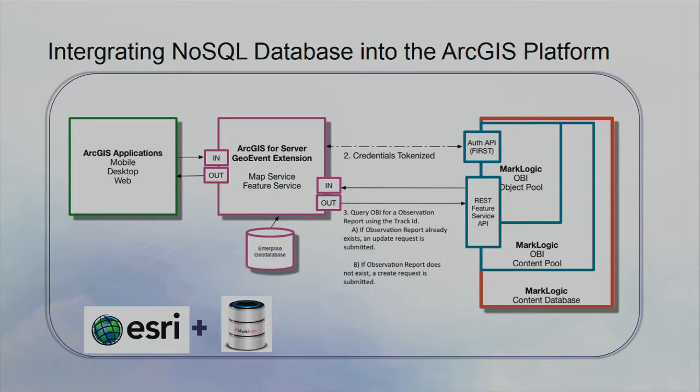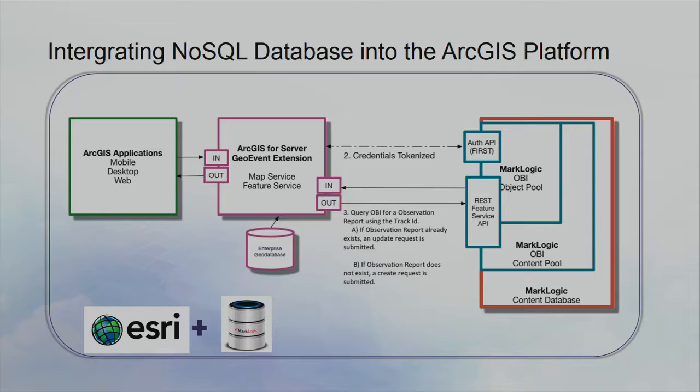We have an example prototype called OBI. What OBI does is allow people to have access to the MarkLogic database on the web. We utilize OBI by allowing them to use our feature service and JavaScript API framework to connect that information. So when something happens in the OBI database, we're able to read that information out using what we call GeoEvent Server.